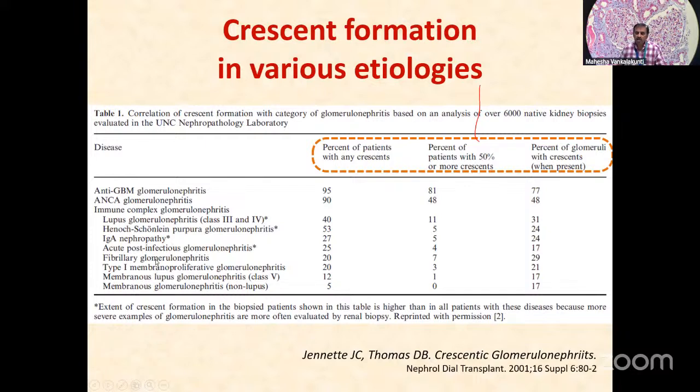So just by the look of the number of gloms with crescents, that would give a first look at what the etiology could be, the probability of it being immune-mediated or the other two limbs, ANCA or anti-GBM, before you go on to the more in-depth details of the histology as well as the immunofluorescence.